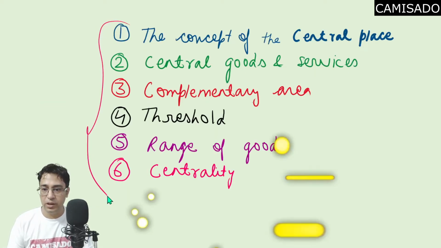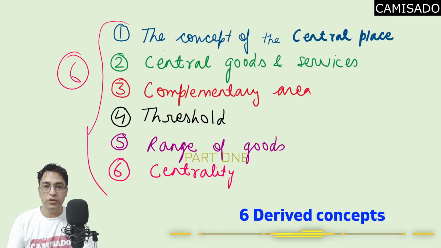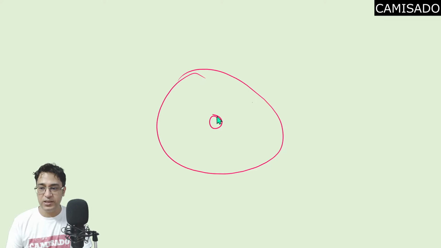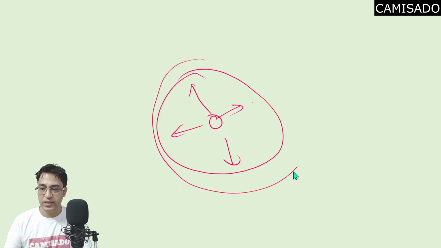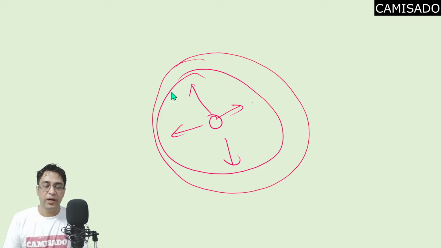These are the 6 derived concepts, and the first is the concept of a central place. So a central place is that settlement which provides functions and services to the settlements in its periphery, and for a settlement to become a central place, it should provide certain services that can be of regular nature.